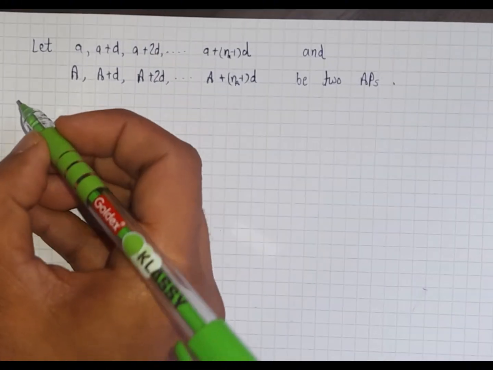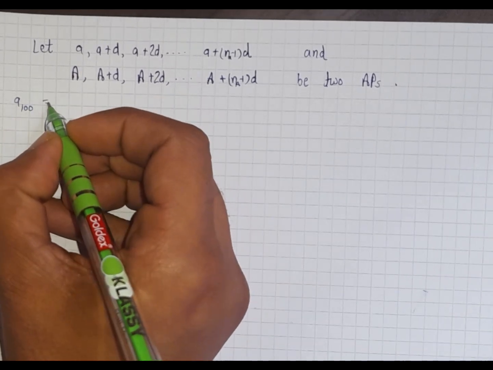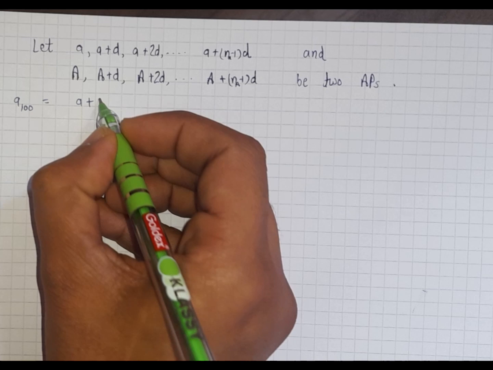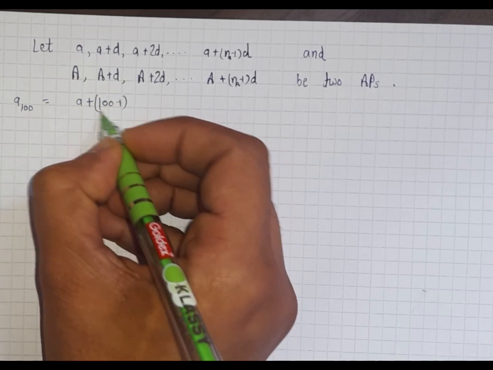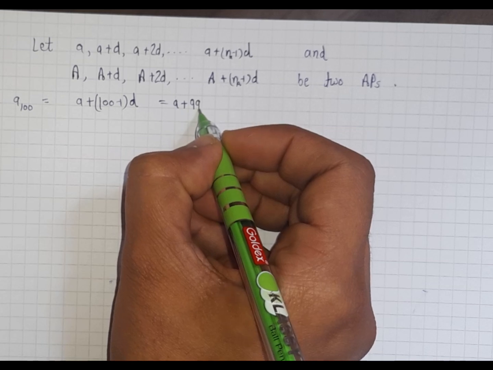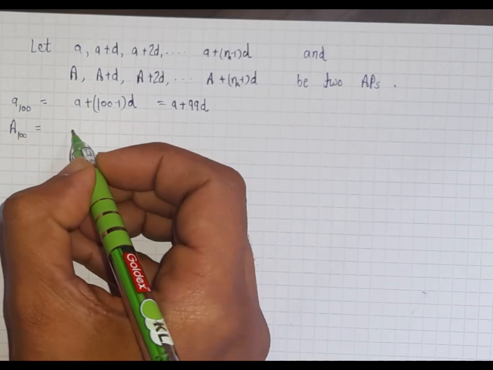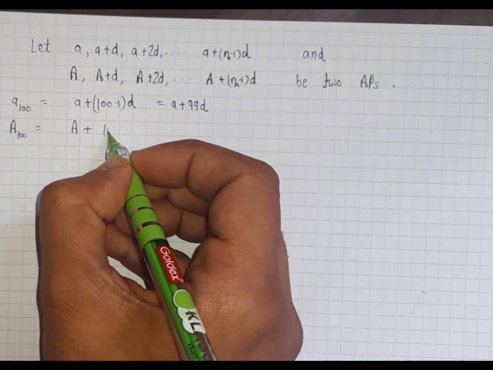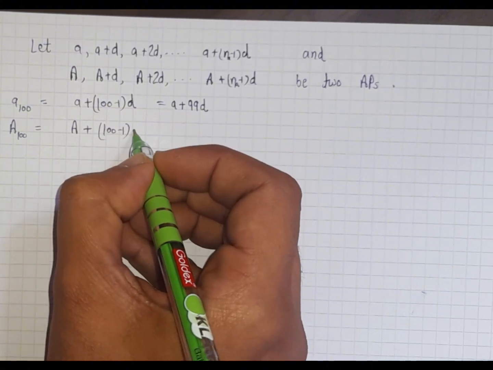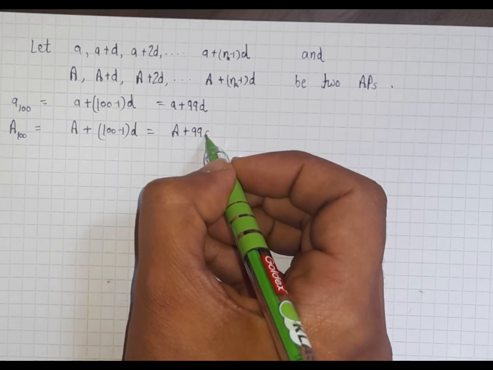Now, the 100th term of the first AP will be a plus (100 minus 1) into d, that is a plus 99d, and the 100th term of the second AP will be capital A plus (100 minus 1) into d, that is capital A plus 99d.